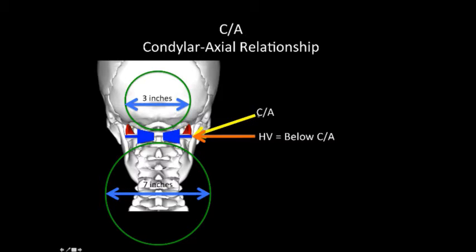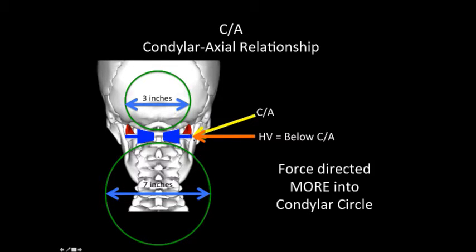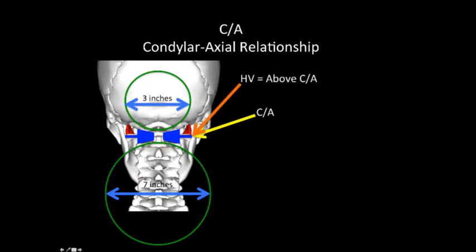Well, if we deliver a force at the C over A, that distributes the force equally into the condylar circle and the axial circle. Then if we come down and have a height vector below the C over A, that is going to direct more of the force up into the condylar circle. The further below the C over A we are, the more of the force is going to be distributed into that condylar circle.